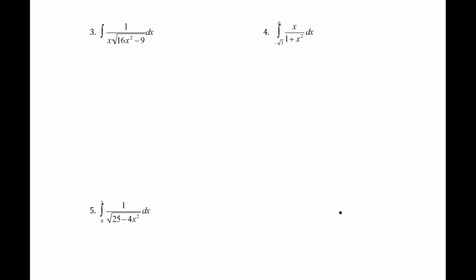Okay, number 3, we have the indefinite integral of 1 over x root of 16x squared minus 9. And so again, you could consider u substitutions and things like that, but those u substitutions aren't going to take you anywhere.